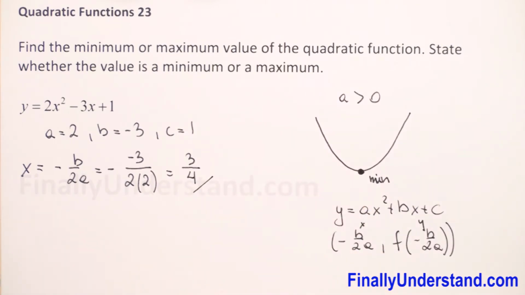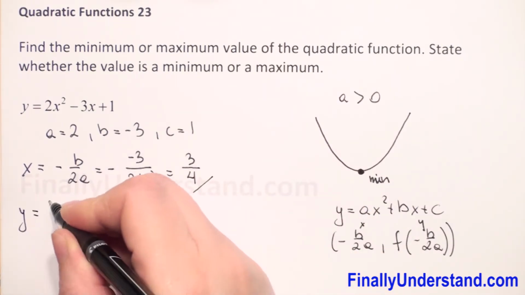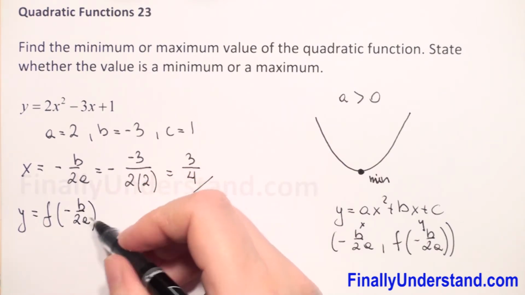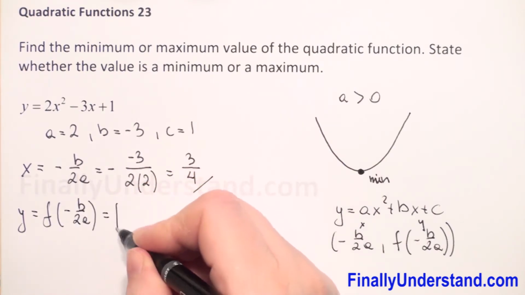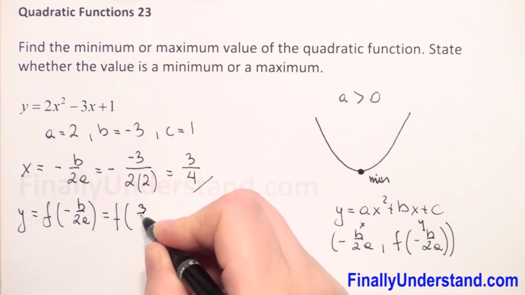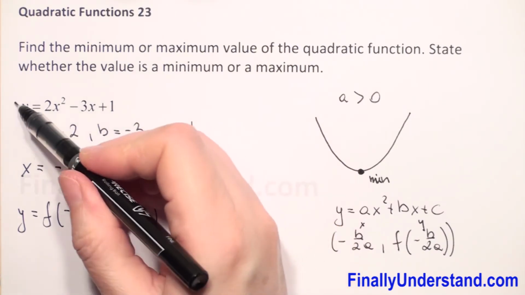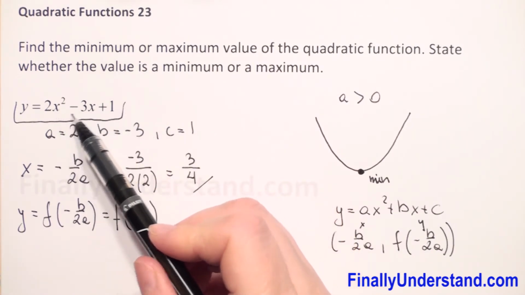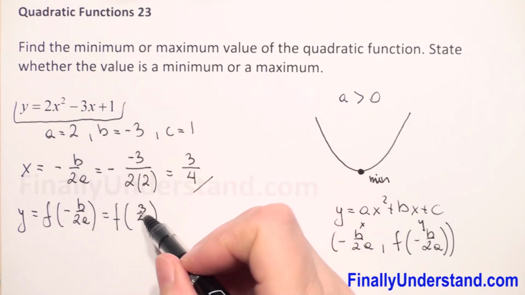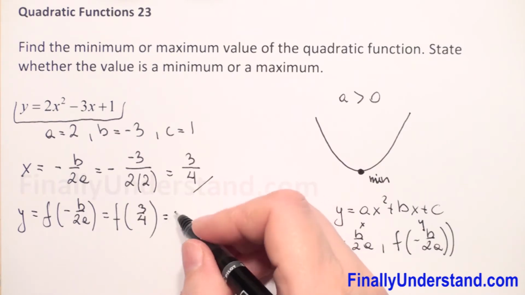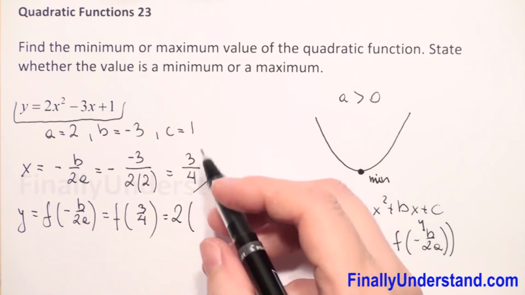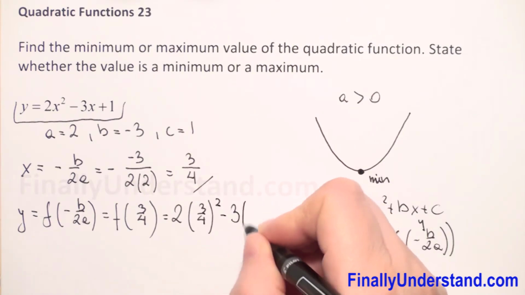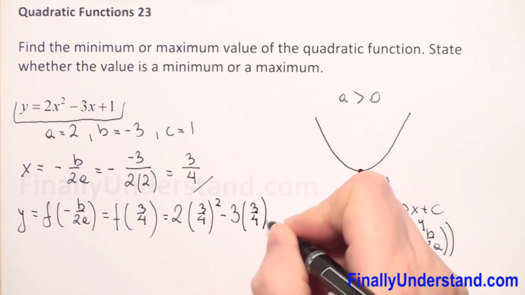We have x coordinate. The y is f of negative b over 2a. We found negative b over 2a is 3 over 4. So now we have to go to our quadratic function and we need to substitute every x by 3 over 4. So this is equal 2 times 3 over 4 to second power minus 3 times 3 over 4 plus 1.